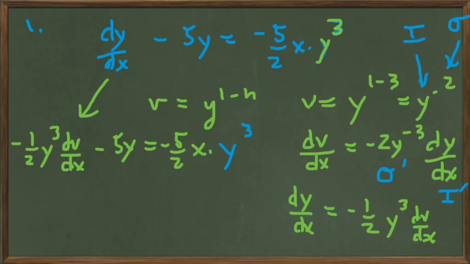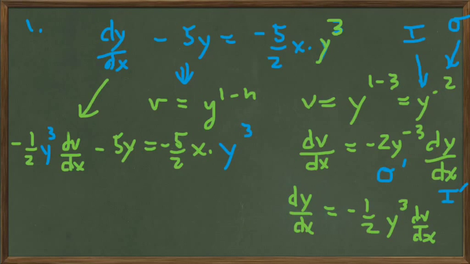Let's make note that yes, there is a y cubed appearing as a coefficient of the dv dx, and it is the y to the n on the right side. That's not a coincidence. When we do this setup to let v equal y to the 1 minus n, that will always happen.